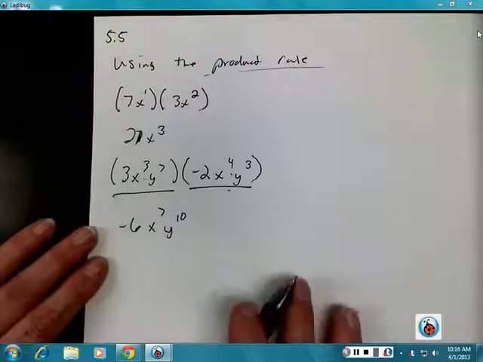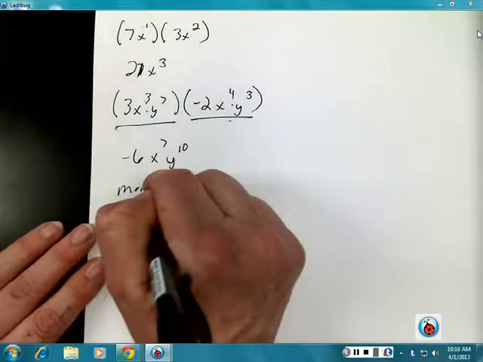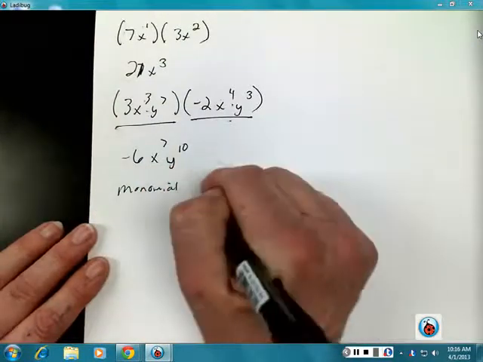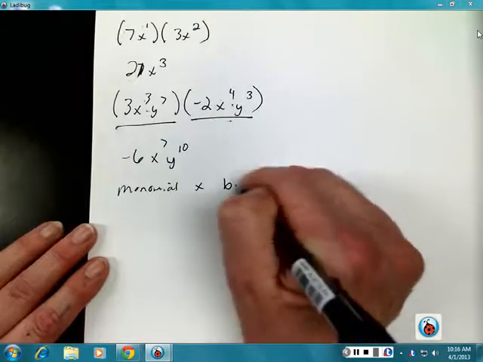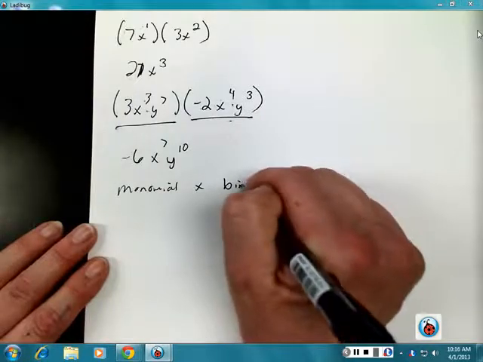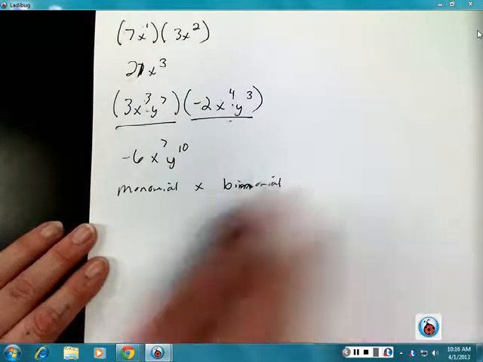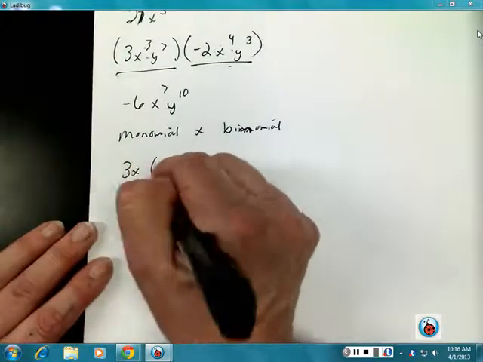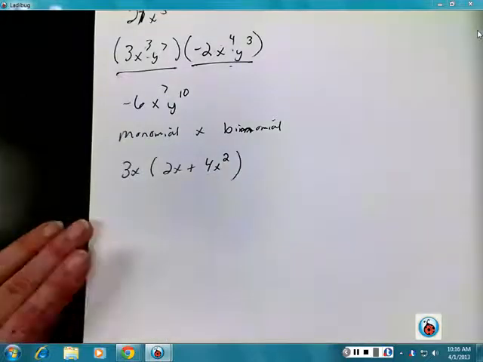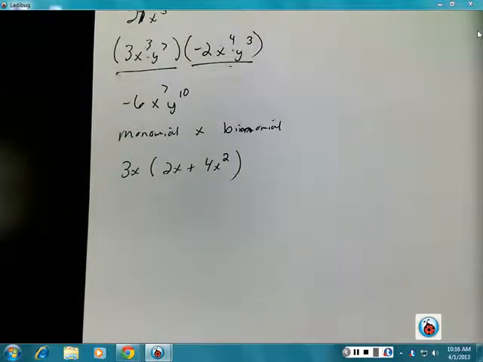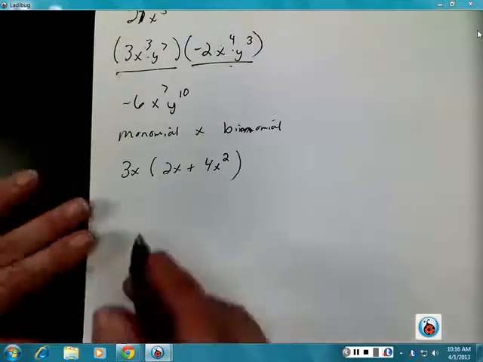So then if I have a monomial times a binomial, so that would look like 3x times 2x plus 4x squared. If I have this part, then you're going to do your distribution.